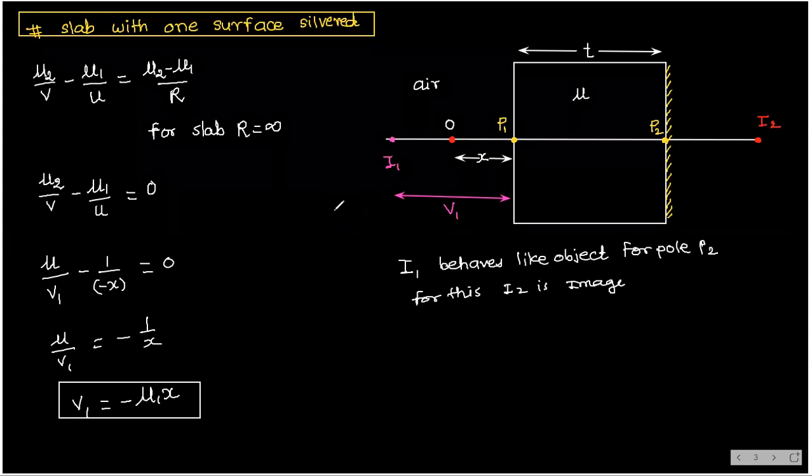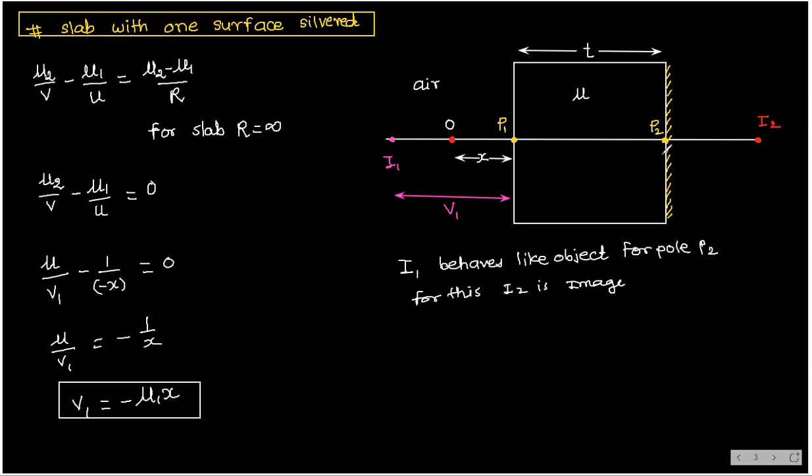We have very less time left. So let's see how much it is. For pole P2, what is the object distance? It should be P1 plus T plus mu x, right?